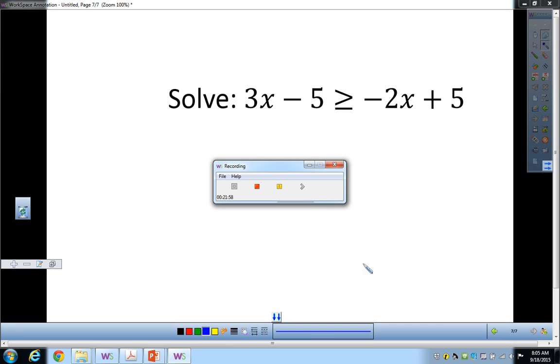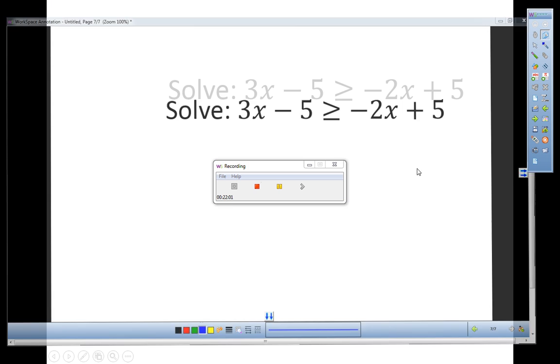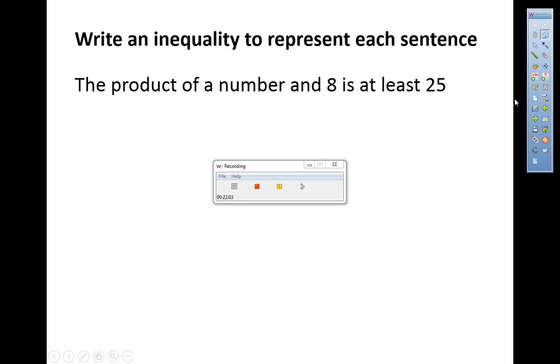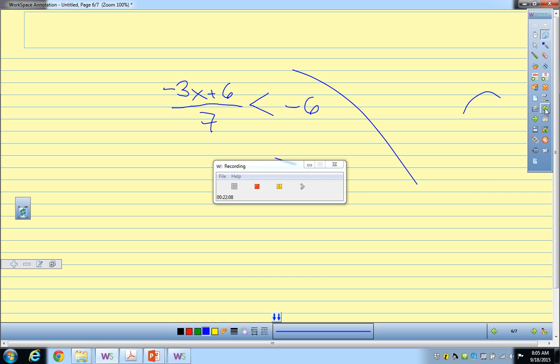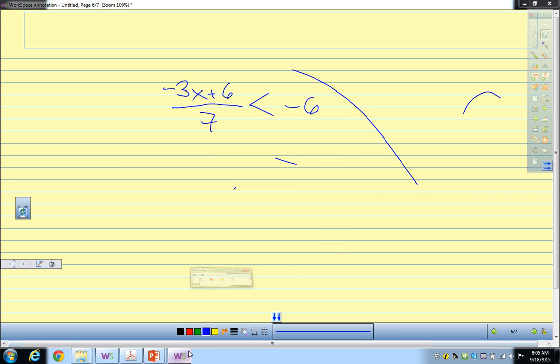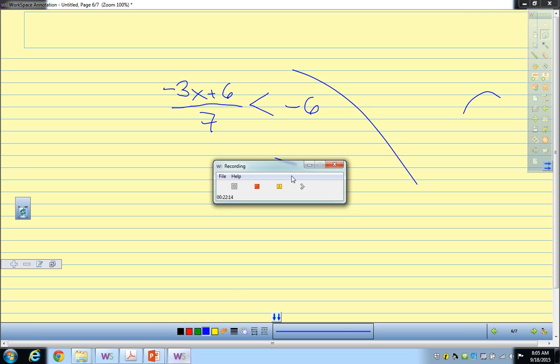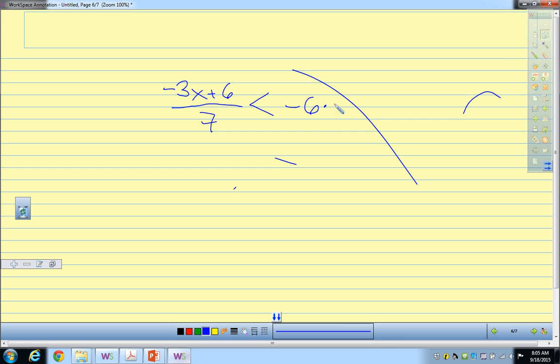Viewers at home, oh, that's not the right problem. Let's go back. Where did it go? Okay, I'm all technologically messed up here. So we would multiply both sides by 7 to get rid of the 7. That gives you negative 3x plus 6 is less than negative 42.